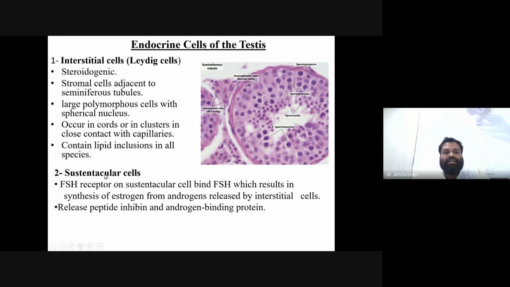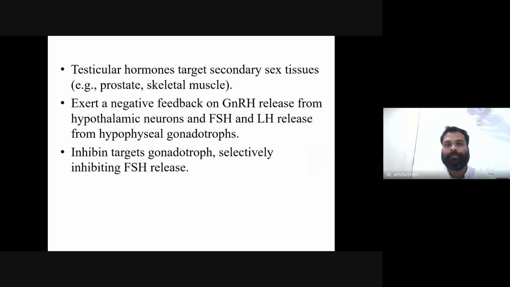And if I talk about the sustentacular cells, the FSH receptor on sustentacular cells binds with the FSH, which results in synthesis of estrogen from androgens released by interstitial cells, and release of peptide inhibin and androgen binding protein. This is the function of these cells.